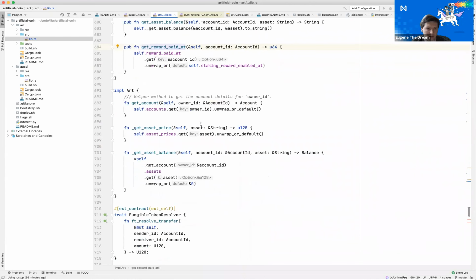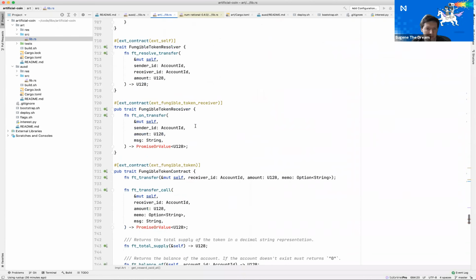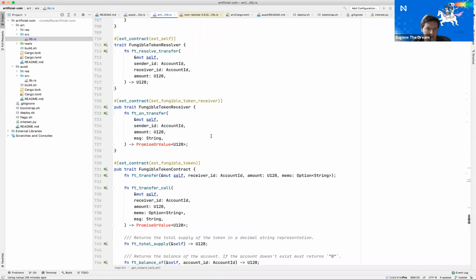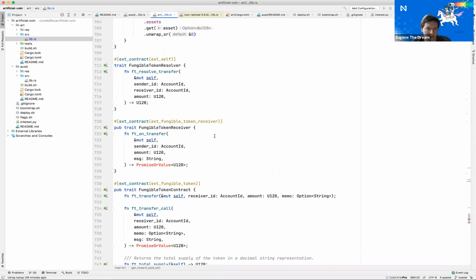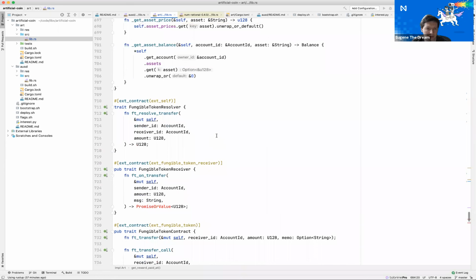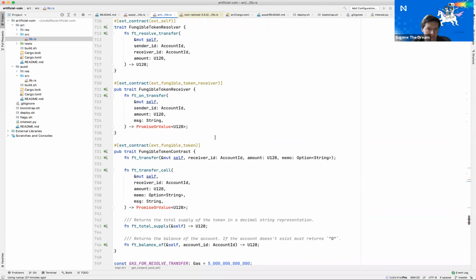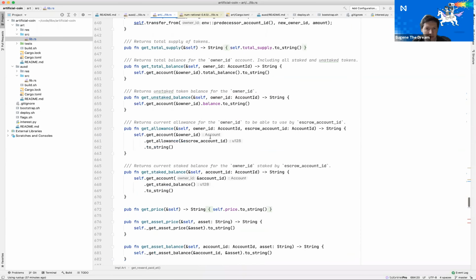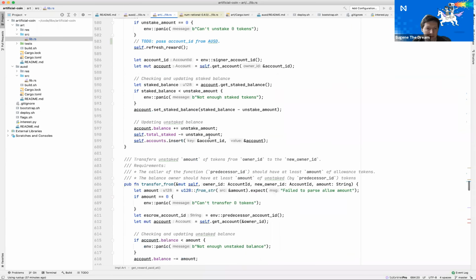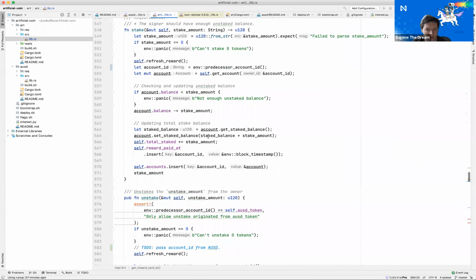Okay. Yeah, overall, the biggest problems are this reliance on signer instead of predecessor.